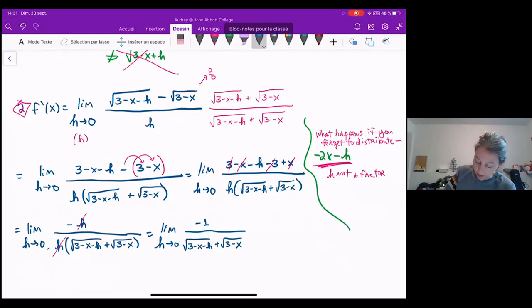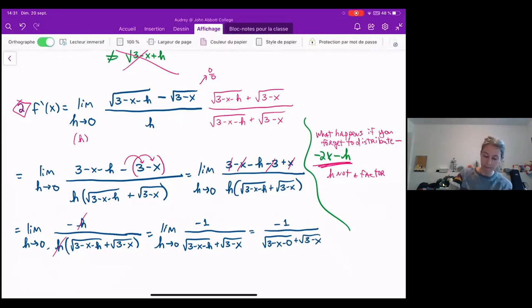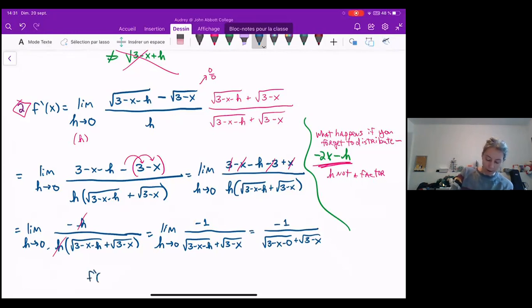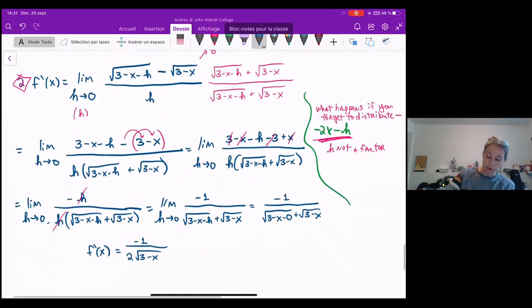Now I plug in h equals 0 to get negative 1 over root 3 minus x minus 0 plus root 3 minus x. But guess what? Root 3 minus x minus 0 and root 3 minus x are the same thing. So f prime of x is equal to negative 1 over 2 root 3 minus x. And that is my derivative.